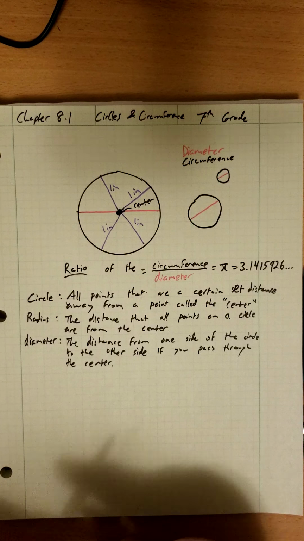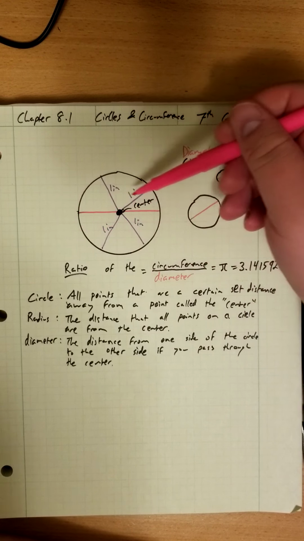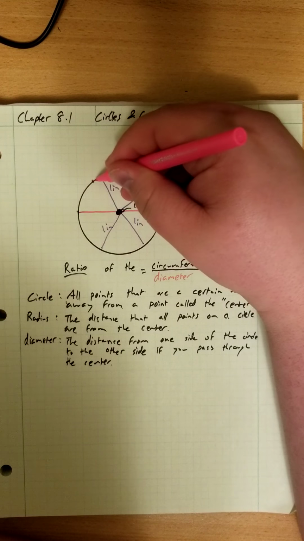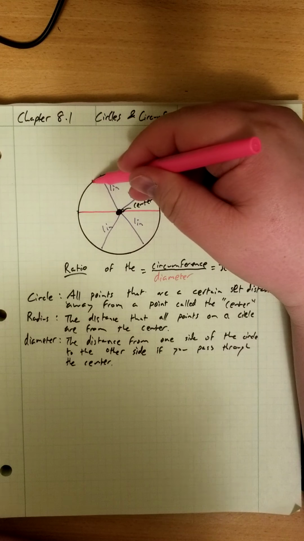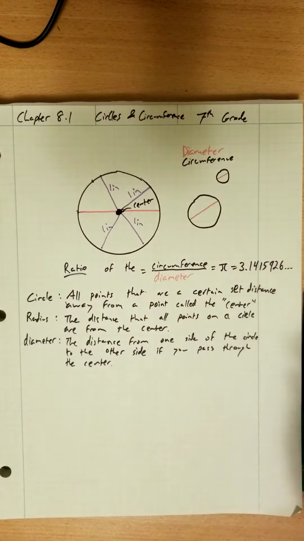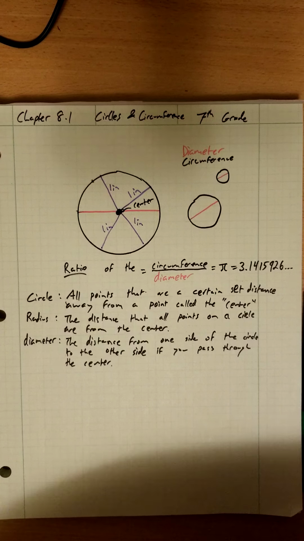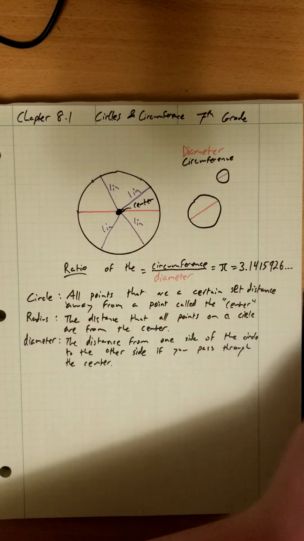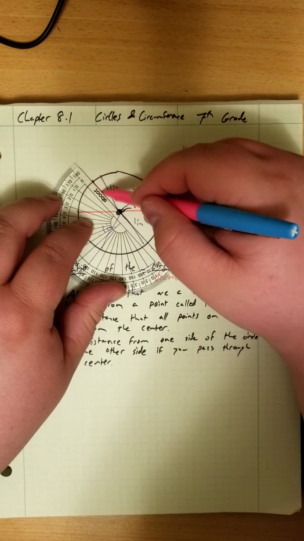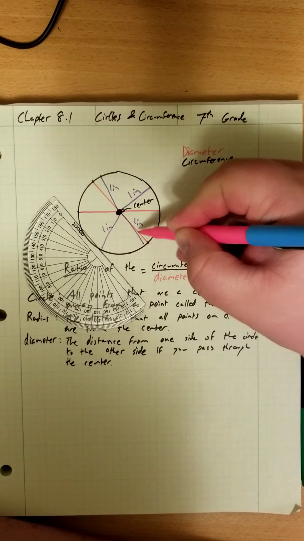So in this case up here, if I take any single point on this circle, let's say this point right up here, the diameter of this circle is the distance from this point to the other side of the circle if I pass through the center. So getting a straight edge, going through there, right, like that. The distance from this point to this point is the diameter.